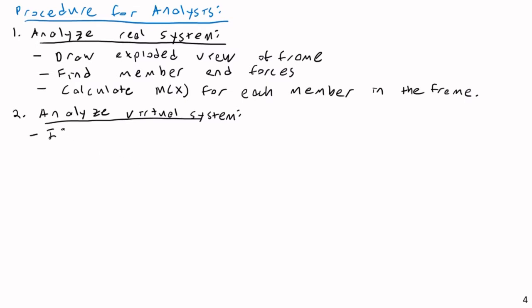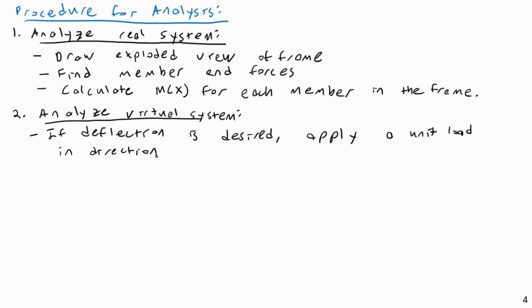If deflection is desired, we will apply a unit load in the direction of assumed deflection, at the location where deflection is desired. So really no different than what we've been doing for beams and trusses.